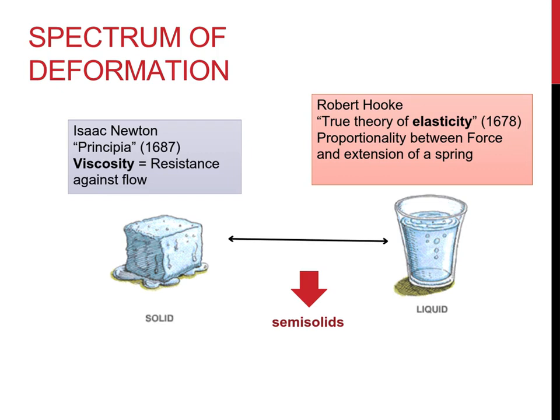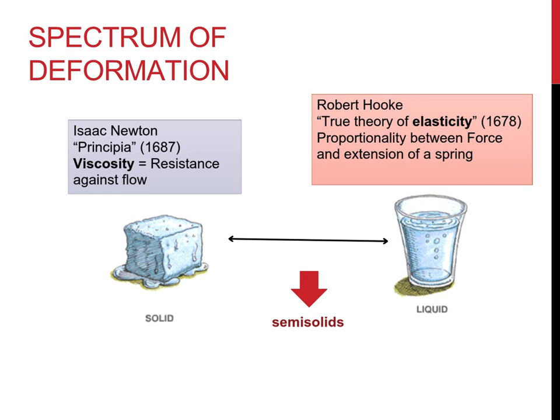So in rheology, another parameter apart from viscosity that is very important is known as elasticity. For semi-solids, these two parameters, viscosity and elasticity, are essential to determine the rheological properties of a semi-solid.